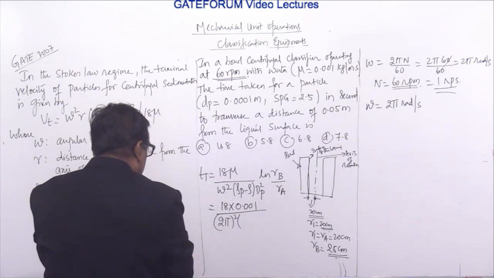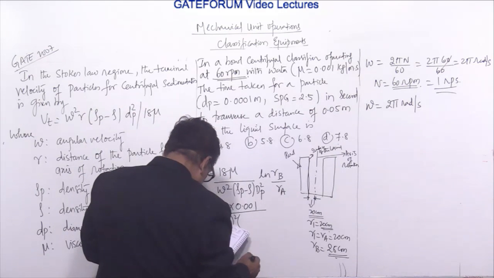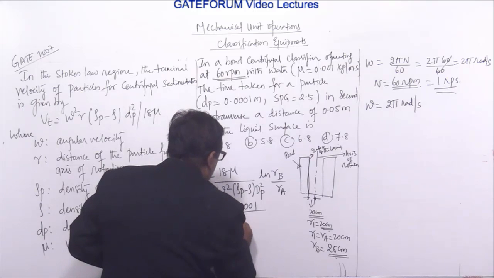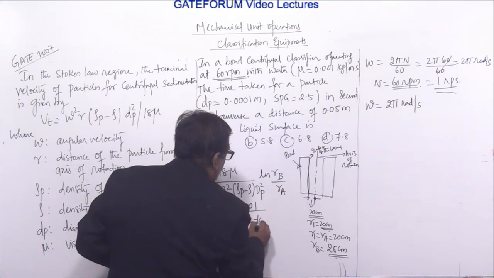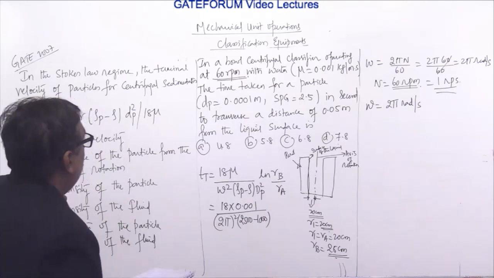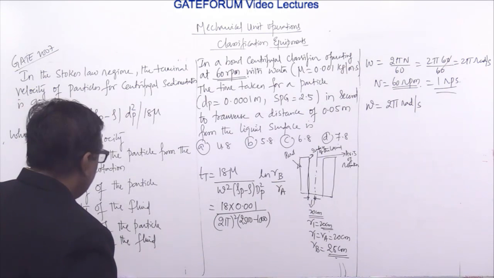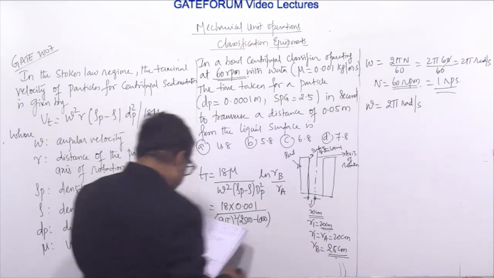Rho P minus rho means 2500 minus 1000. 2500 is from the specific gravity given, and water is mentioned, so we can take it as 1000.